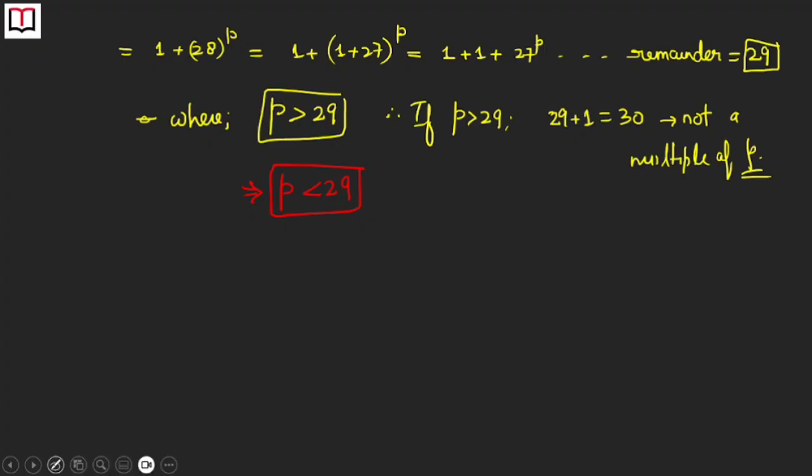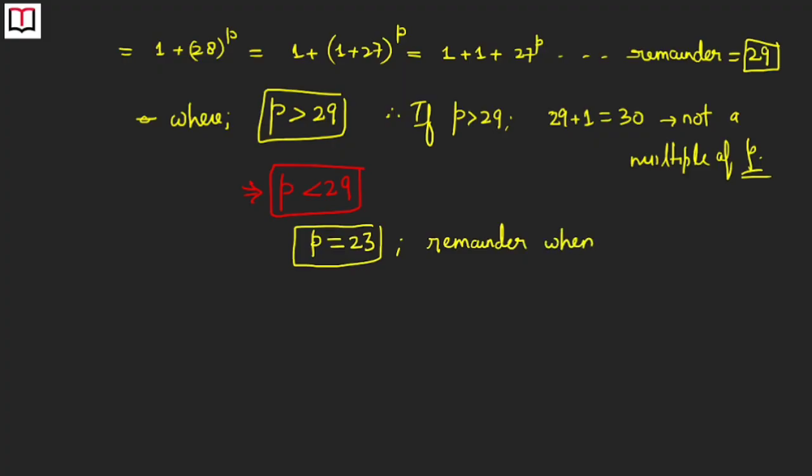Now if p is less than 29, let's consider the primes below 29, starting with 23. What will be the remainder when 29 raised to the power p plus 1 is divided by p?